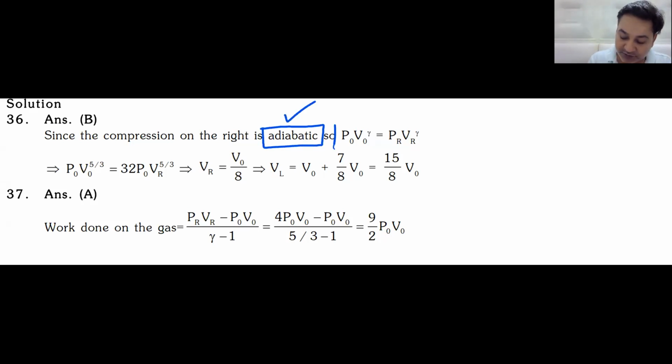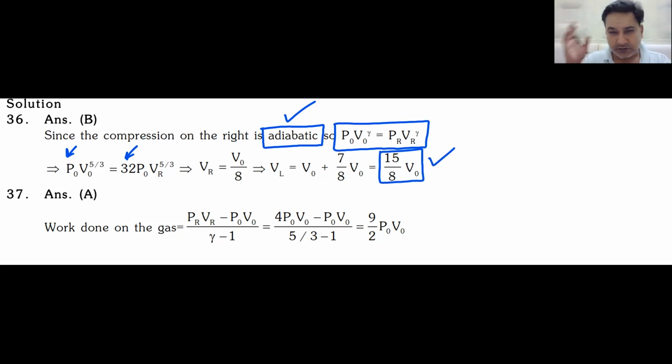P naught V naught raised to the power gamma is P final V final raised to the power gamma. Initial pressure was P naught. Final pressure is 32 P naught. Because pressure has to be same on both sides. Otherwise, the piston will not remain in equilibrium. You put the values and you will get the first answer, which is the volume on the right hand side. It is 15 by 8 V naught.